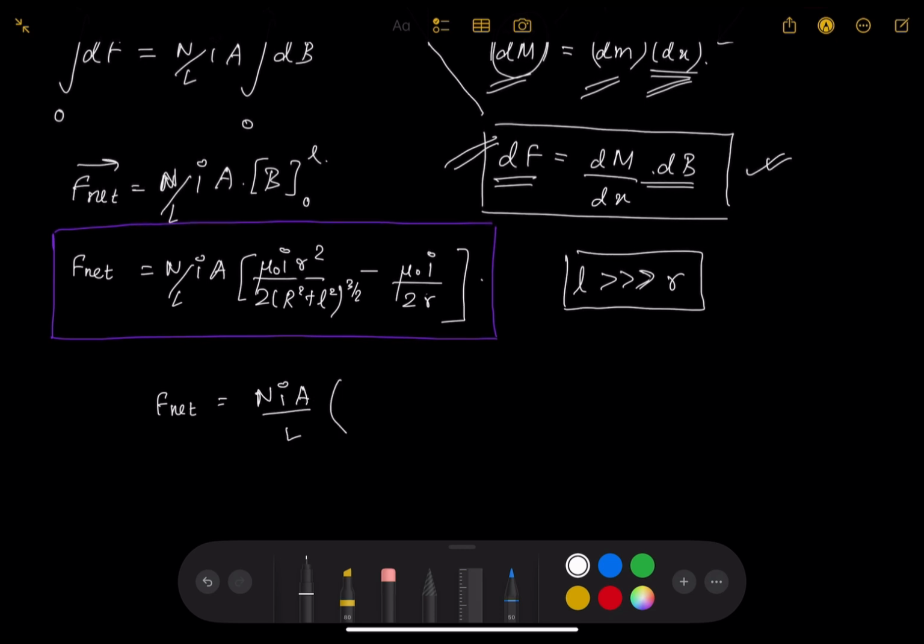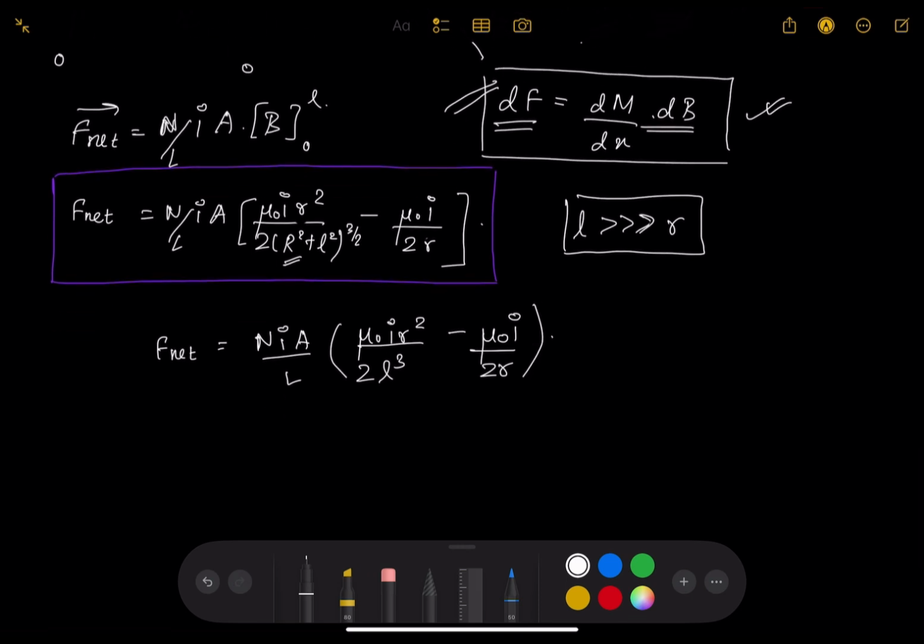L times mu naught I r squared over 2, and whether we're adding r or not is basically irrelevant at this point. So we'll do this minus mu naught I over 2r, right?